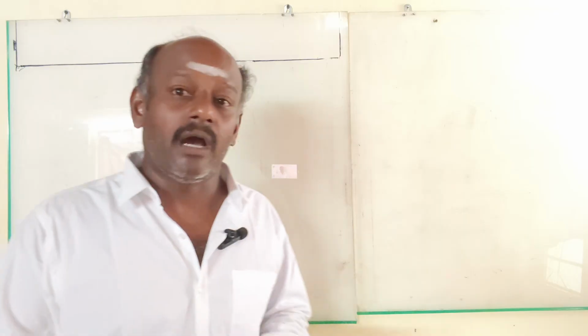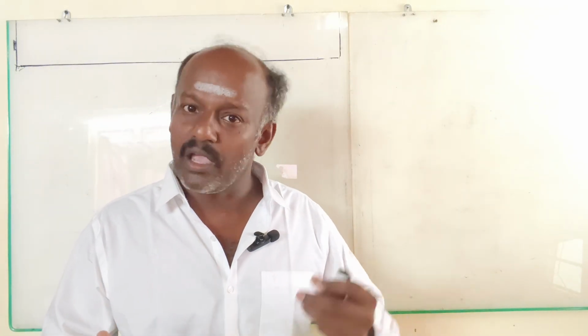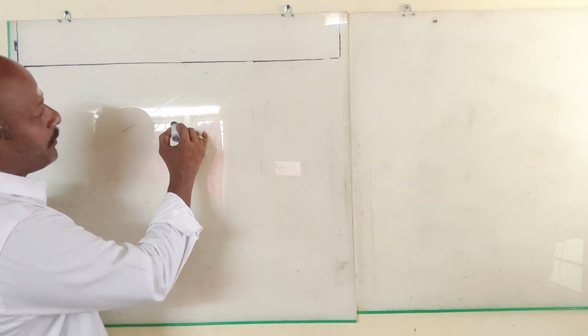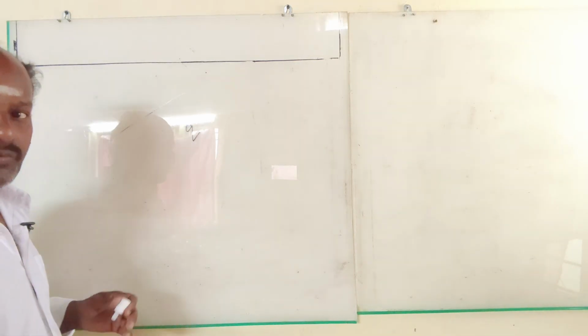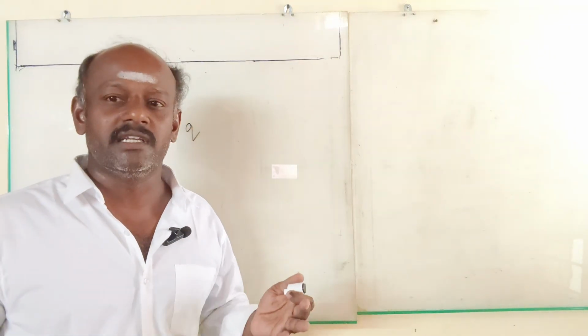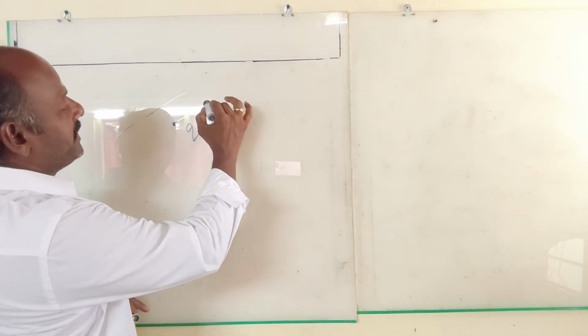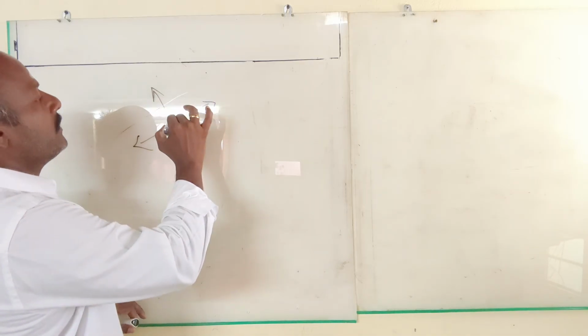Okay, right. How can Gauss law be deduced from Coulomb's law? We will see. For that, I am just going to consider a point charge having quantity Q. For my convenience, I am considering it a positive charge, so it produces an electric field radially outward, and of course isotropically.